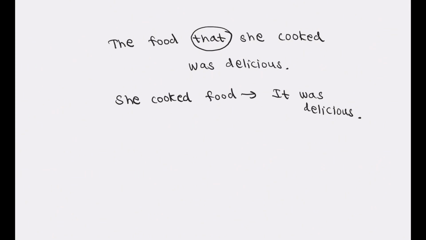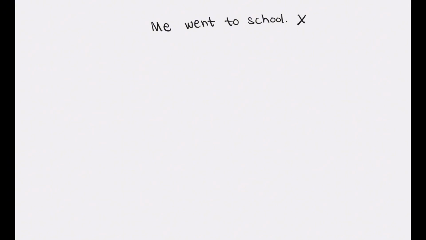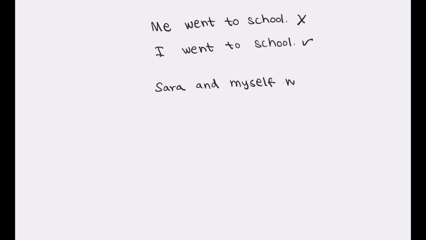Now let's look at some common mistakes. "Me went to school." This is wrong. It should be "I went to school." Another one, overusing myself. "Sarah and myself went to the market."